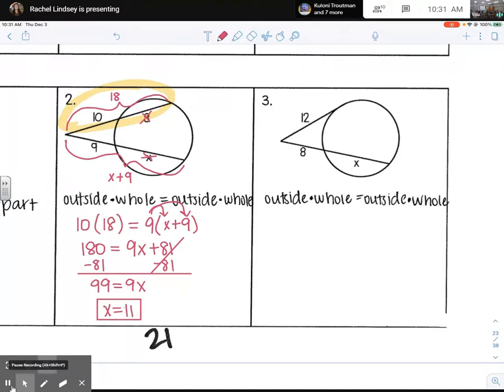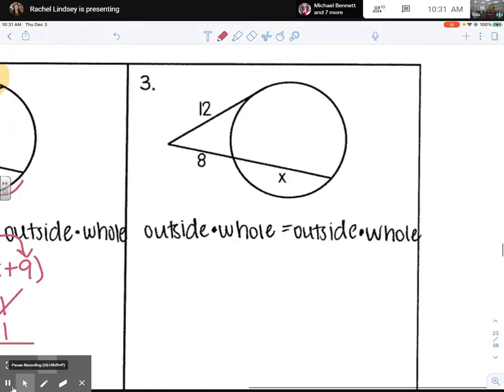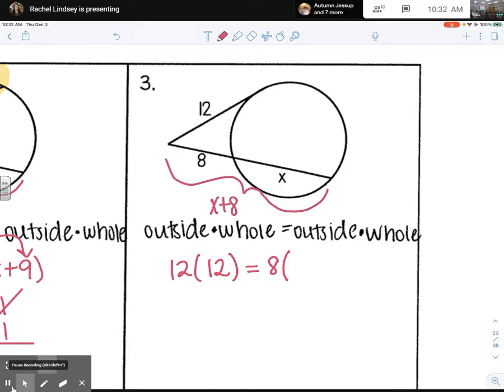Okay, so, on to number 3, looking at that top line, what's my outside part of that top line? 12. What would the whole of that top line be? 12 plus 0, which gives you 12. On the bottom line, what's my outside? My outside's 8. What's the whole thing? X plus 8. So I have outside times whole equals outside 8 times whole x plus 8.